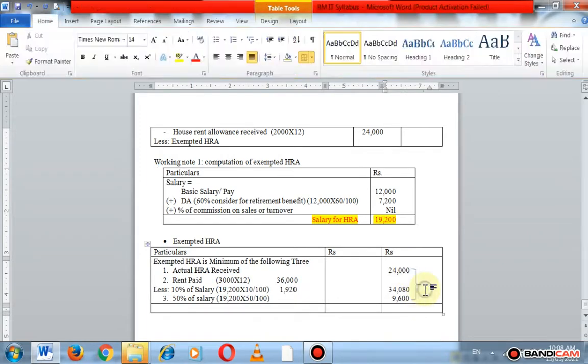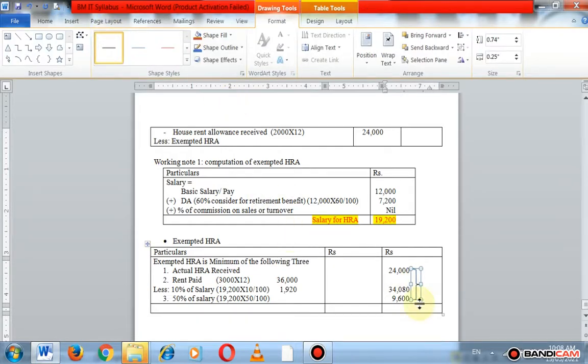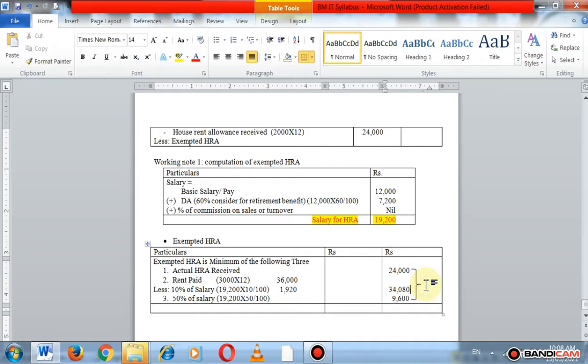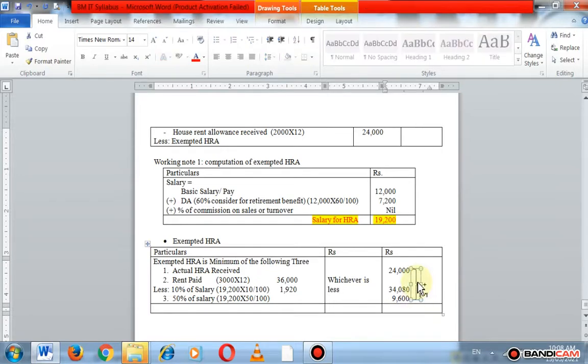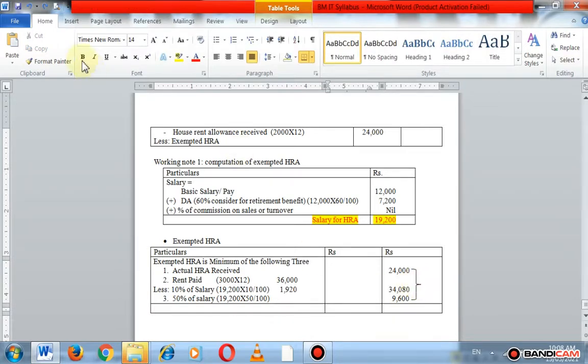Here 9,600 is the lowest value, whichever is less.